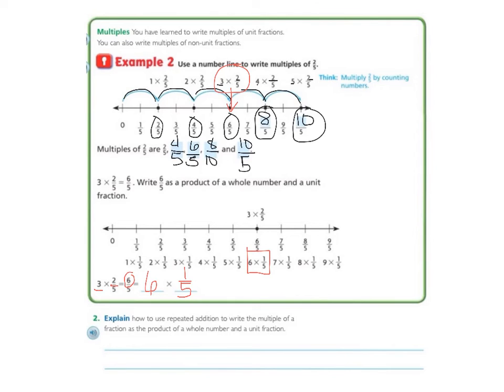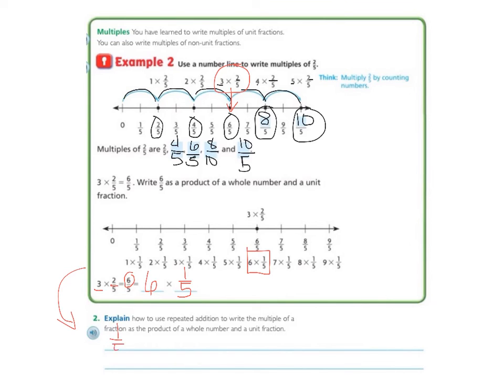All right, underneath there's a question again. It says, how would we use repeated addition to show the multiple of a fraction as well as a multiple of a whole number and a unit fraction? Well, we would want to say that each one is a sum. So let's use our example of 6/5 from up above. Repeated addition would tell us that that is 6 groups of 1/5.